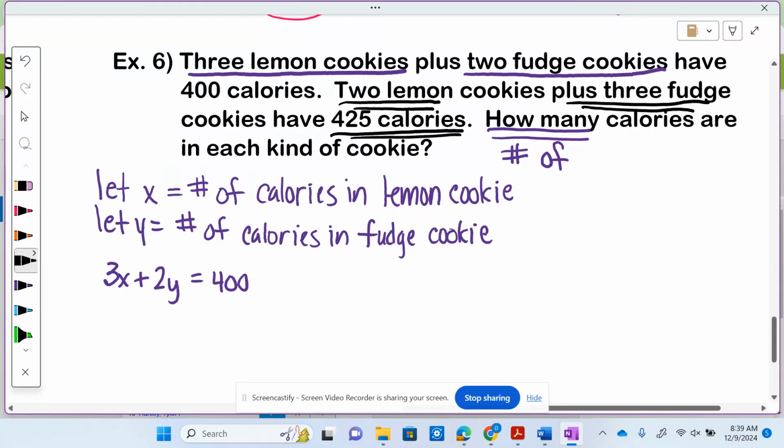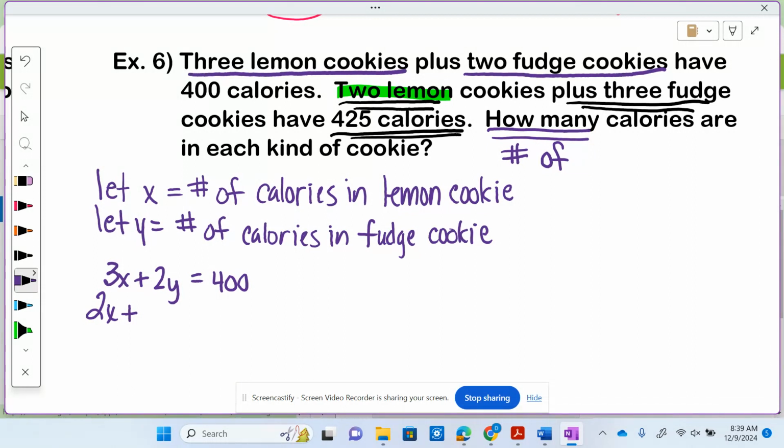Someone other than Tim. How many lemon cookies are we using? It's underlined in black. So what'd you say, Avery? So 2x plus, how many fudge cookies, Avery? So what does that look like? Equals how many calories? Good job.